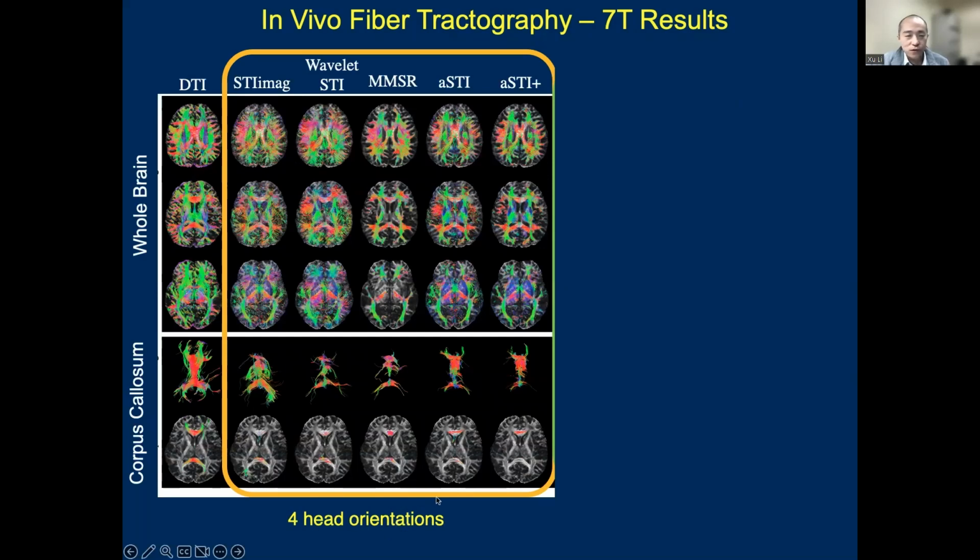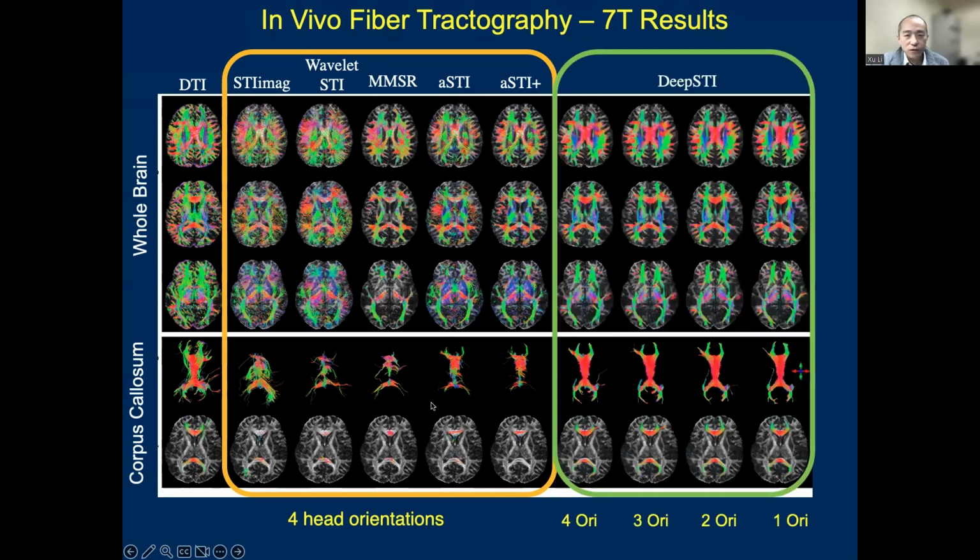So as compared to the diffusion measure, we can see that the STI-based reconstruction usually gives shorter or fewer fiber tracts, but the deep STI can give a much better reconstruction of the fiber tracts, either for global tracking or for tracking over, for example, the corpus callosum.